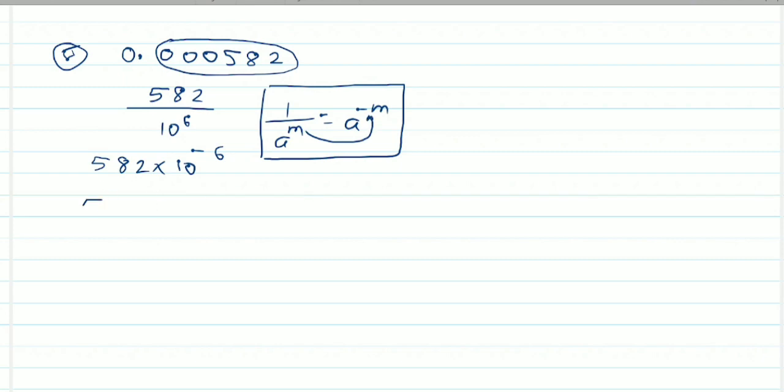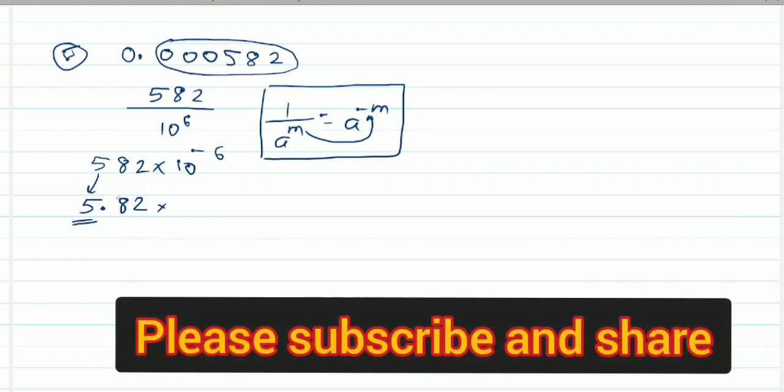Now for standard form we have to give the decimal point after the first number, that is this 5. And now, as I told you, how we can do it directly: reduce the power by 2 this time, because there are 2 digits after the decimal.